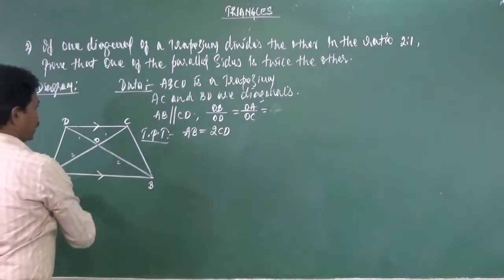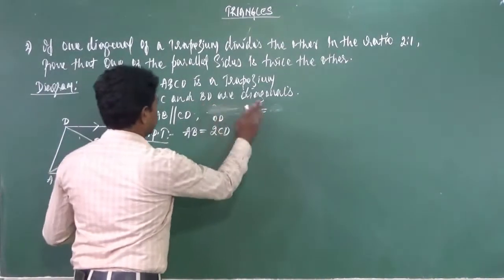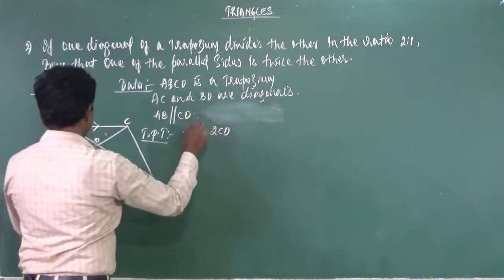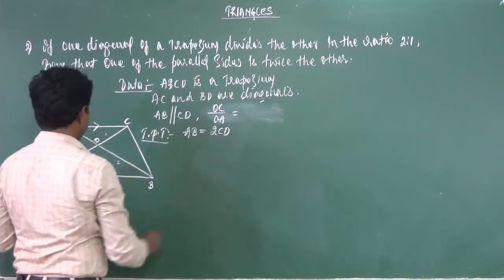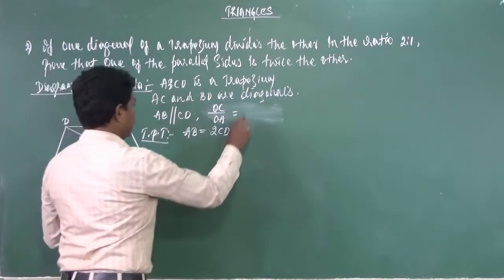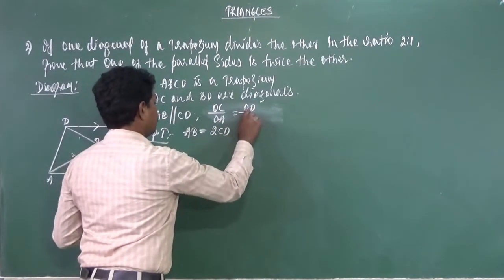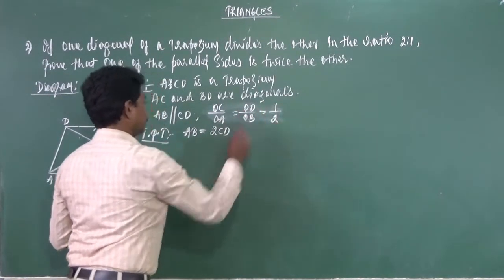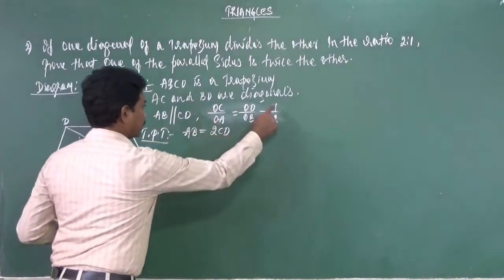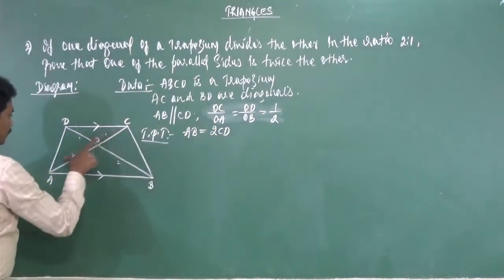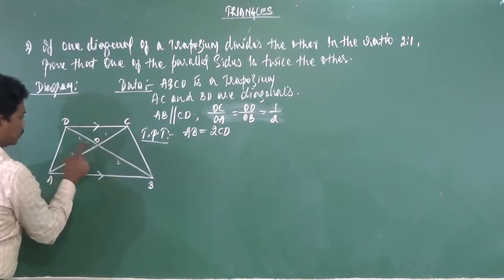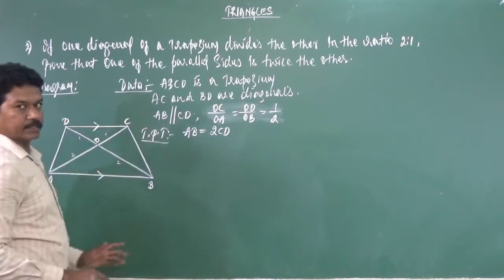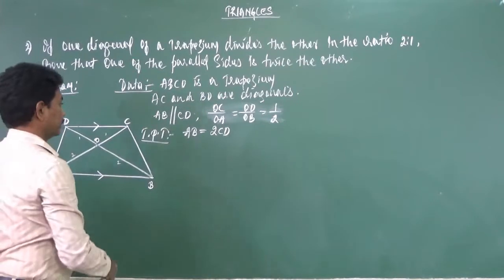Okay, you can do it like this better. OC by OA is equal to OD by OB is equal to 1 by 2. That is, OC and OA are in the ratio 1 is to 2. OD and OB are in the ratio 1 is to 2. So that is what I have written in the data according to the data.